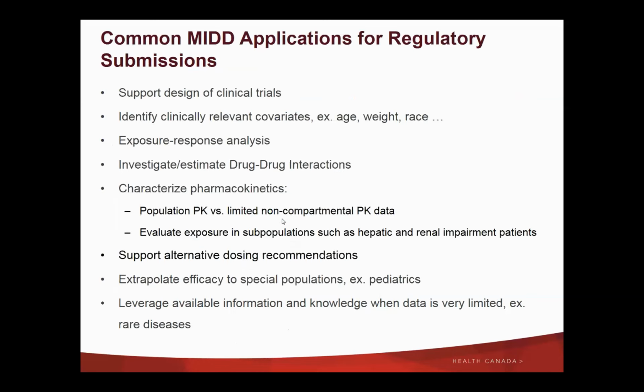You can see there is a very wide range, from supporting clinical trials to identifying different covariates to exposure-response modeling. We also frequently see investigation of drug-drug interactions and characterization of pharmacokinetics, particularly for subgroups such as hepatic impairment, and also to support dose recommendation or alternative dose recommendation after approval.